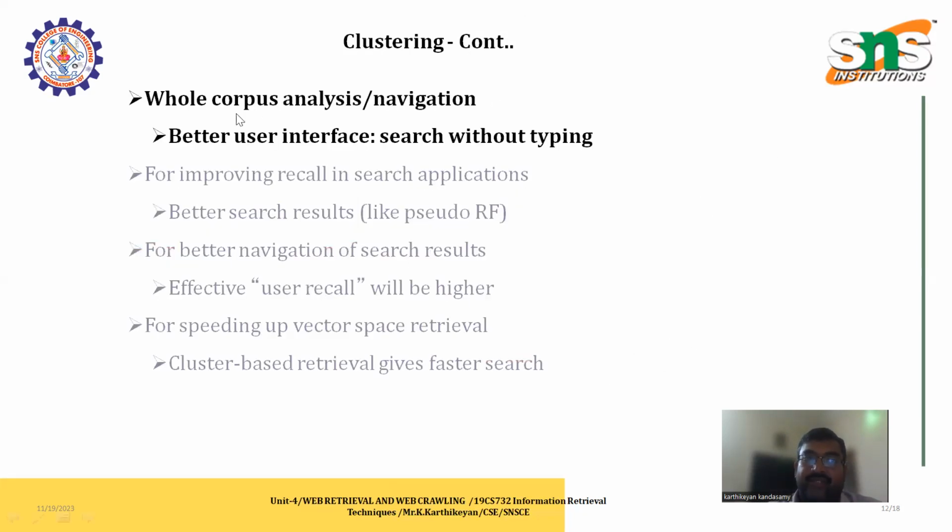Cluster-based retrieval, based on whole corpus analysis and navigation, makes better use of the interface without typing, improving recall in search applications and giving better search results based on pseudo relevance feedback. The better navigation of search results based on effective user recall will be higher. And for speeding up vector space retrieval, cluster-based retrieval gives faster searches.